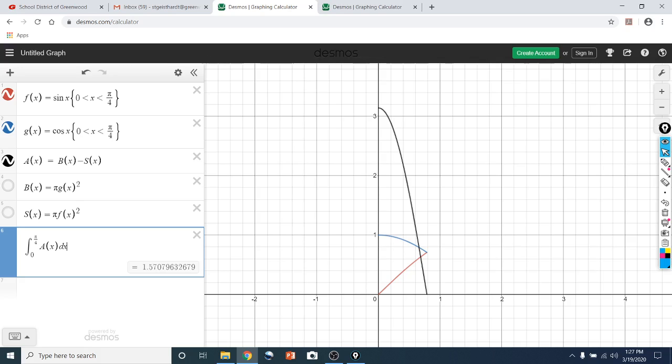It shows you a nice little trig identity. So we have the area of pi sine squared minus pi cosine squared. Essentially we can factor out the pi.